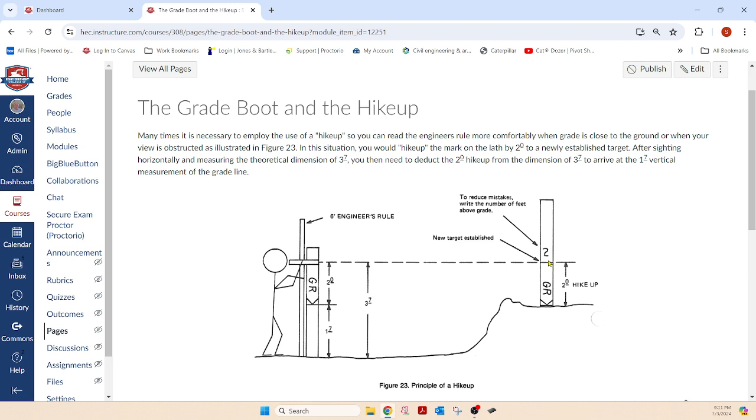I gave it a hike up. And I took a shot at that, and I brought that 2 foot hike up over here. And then I took my 2 foot away, and it left me 1.7 fill. I could just take a tape measure and measure from here up to get to that grade, because what I want right straight across here is my desired grade, because this is grade and this is grade.